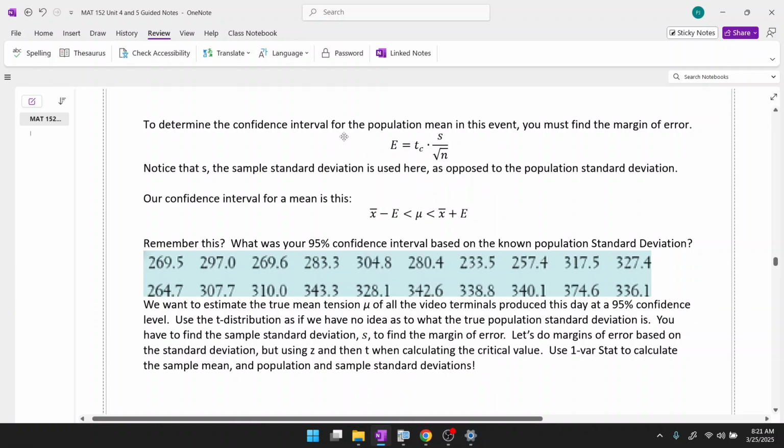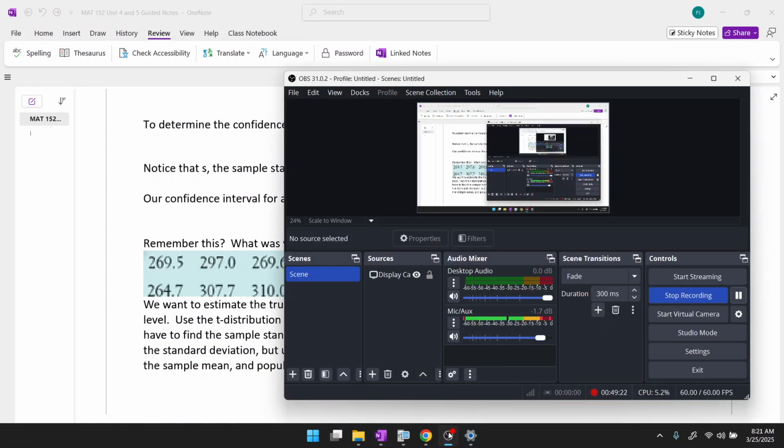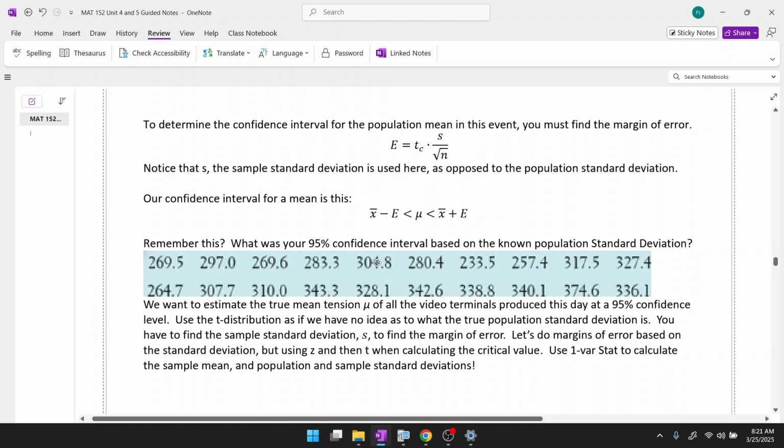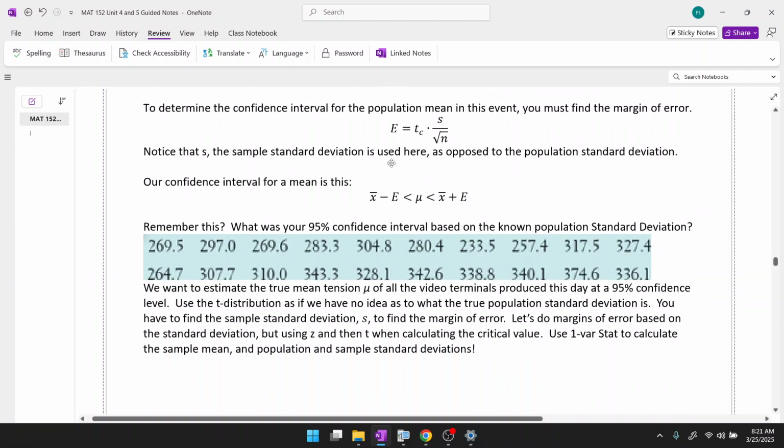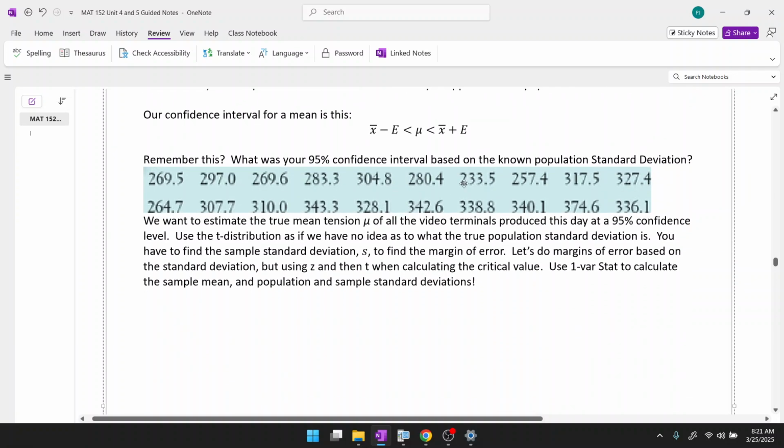Your margin of error basically only changes to the critical T times the sample standard deviation, because in the real world, we do not know what the population standard deviation really is. So we're going to get a confidence interval based on this.